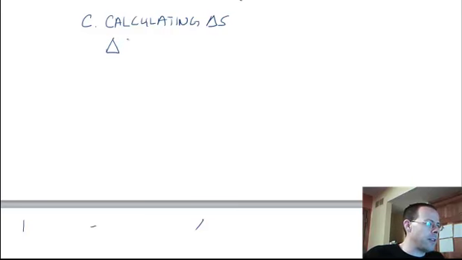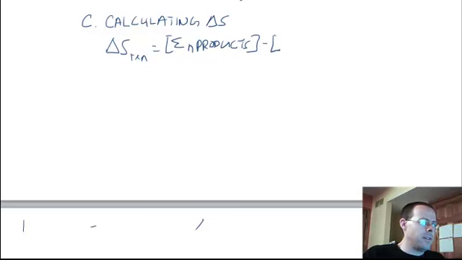I know the last number on your ChemQuest today, I told you just to skip that in class because you will need your book, and we're again looking at Appendix A. But delta S of reaction is simply equal to the sum, there's our capital sigma sign again, of the moles of products minus the sum of our moles of reactants.